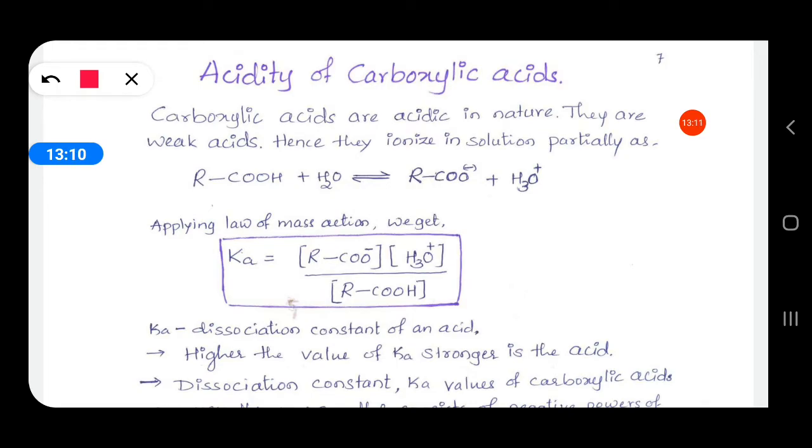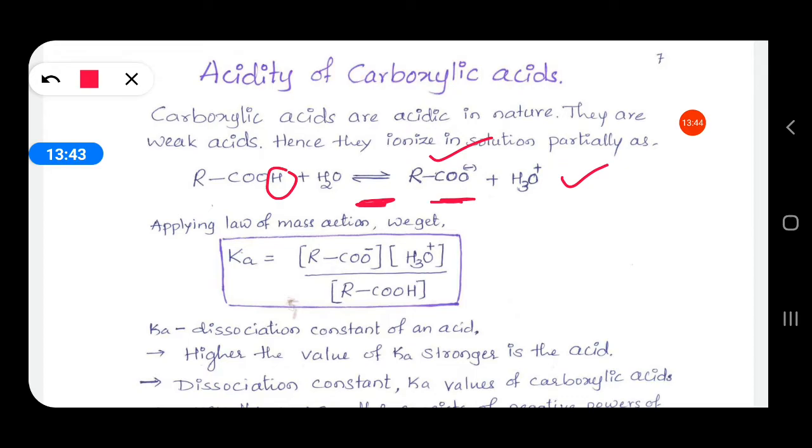Like this, RCOOH plus H2O, partial ionization that can be shown by a reversible sign. It forms one carboxylate ion plus H3O plus. For the formation of carboxylate ion, it should give up this H plus. For this equation, applying the law of mass action, we get Ka. Ka is called the dissociation constant of an acid.